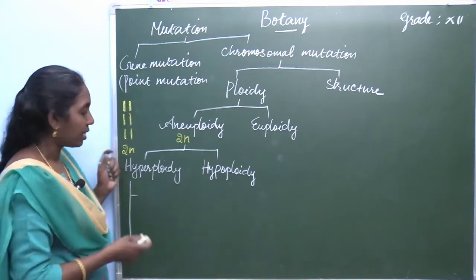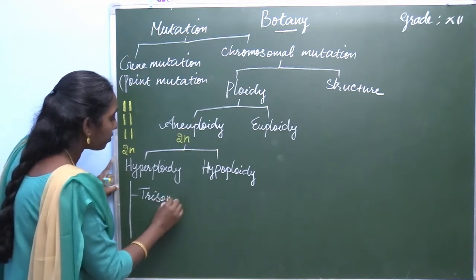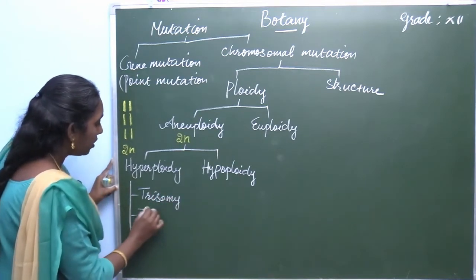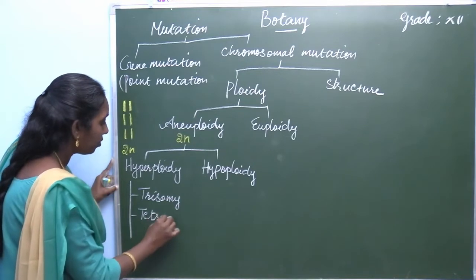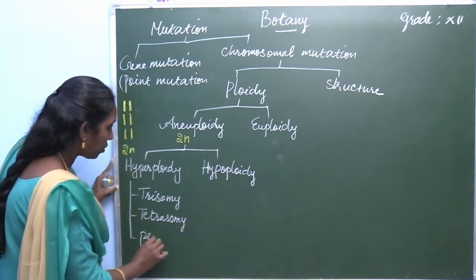Hyperploidy is again classified into trisomy, tetrasomy and pentasomy.